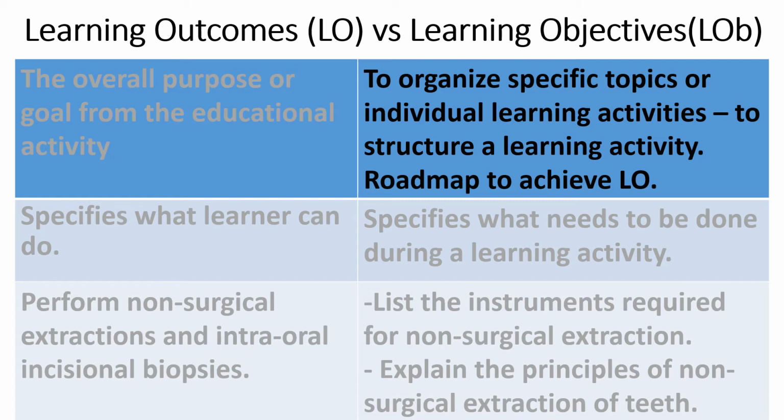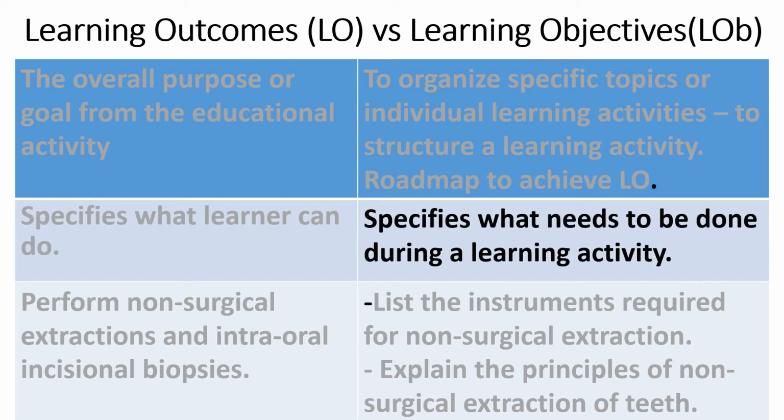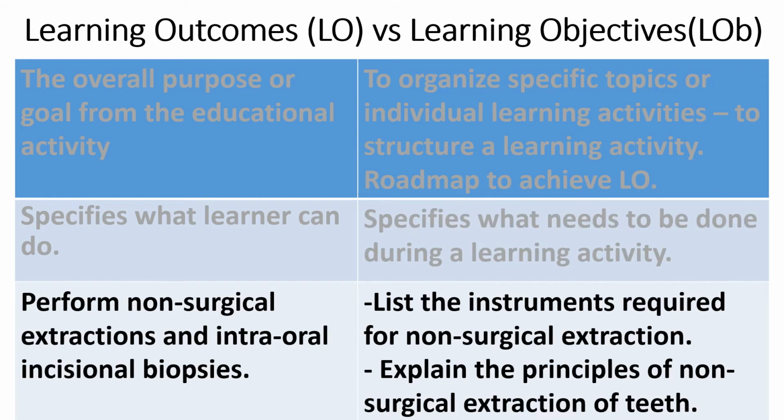It is very useful to structure a learning or educational activity using learning objectives. Learning outcomes specify what the student will be able to do after the learning, whereas objectives tell what needs to be done during an activity.